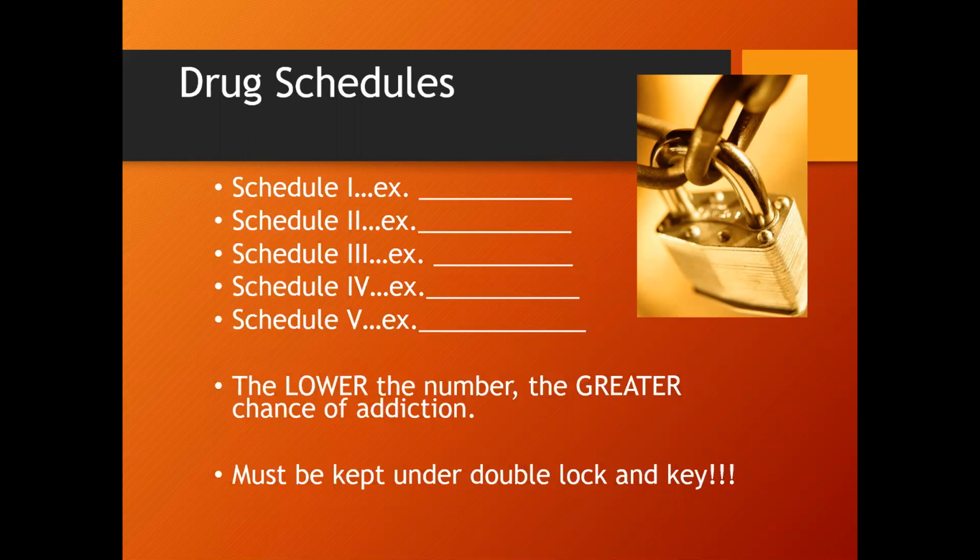So these all must be kept under double lock and key. So you'll see, for example, in the nursing home, narcotics in a locked med cart. And then in that med cart, you open up another drawer and you have to unlock that drawer again. So 2 locks. The med cart itself locks and then the drawer locks as well. And then in the hospital, a lot of places use the Omnicell or a Pyxis of some sort at this point.